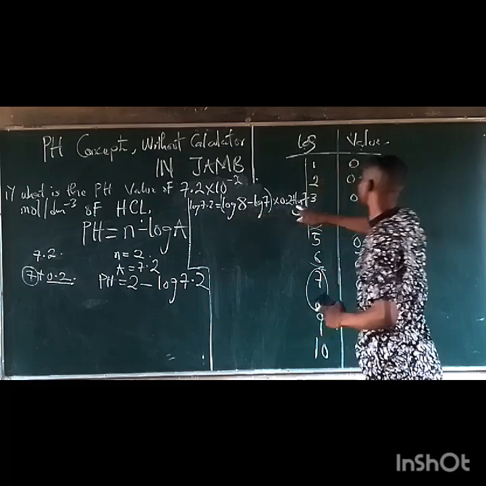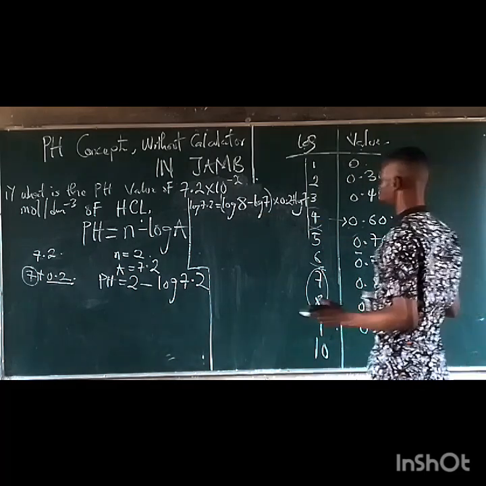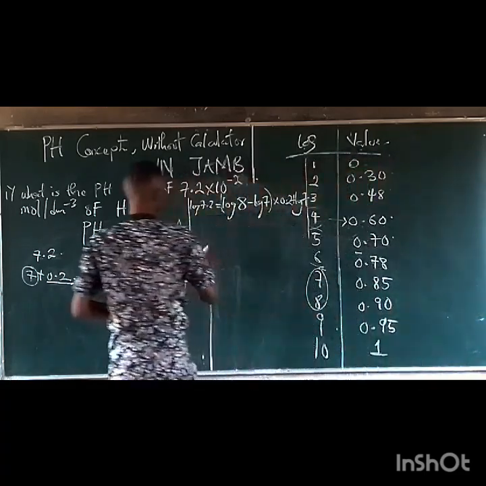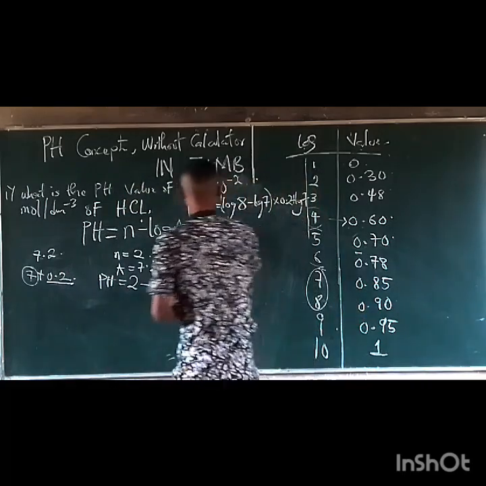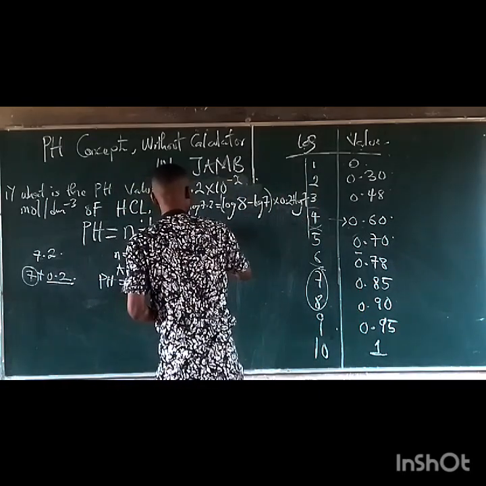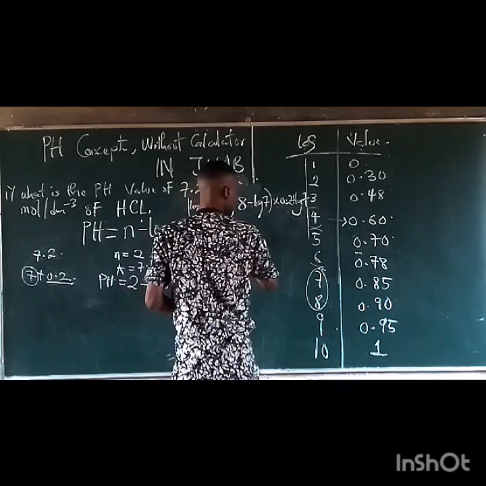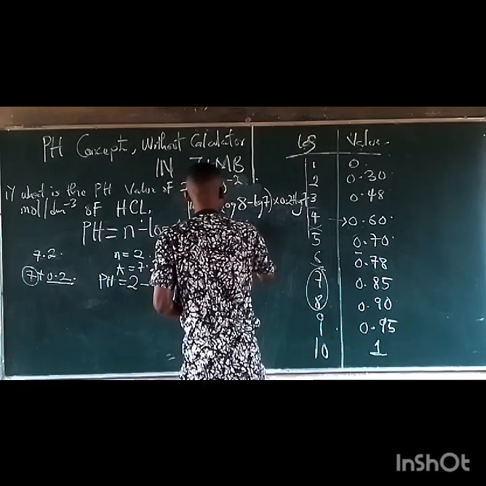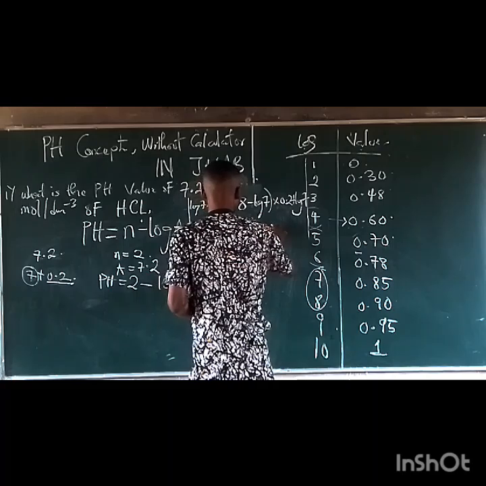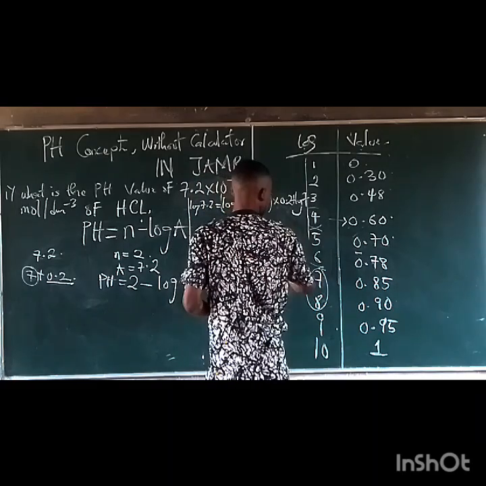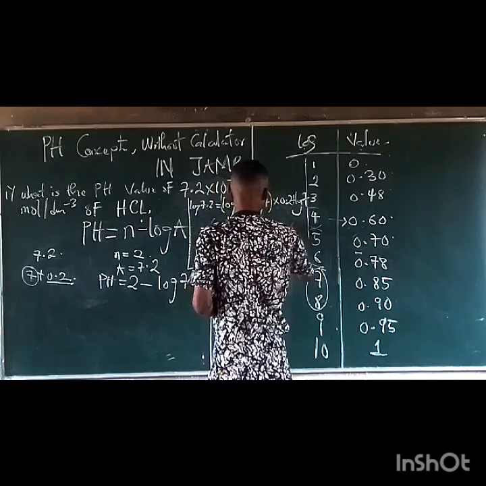And the lowest logarithm is what? Log 7. You are going to get our answer. So then we have log 8 is 0.90 minus log 7 is 0.85, times 0.2, plus log 7, which is 0.85.